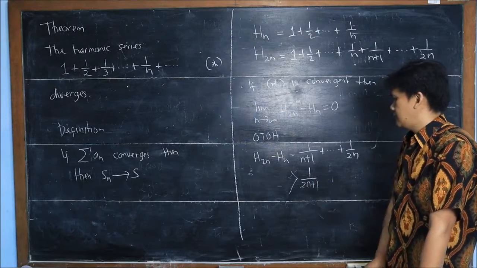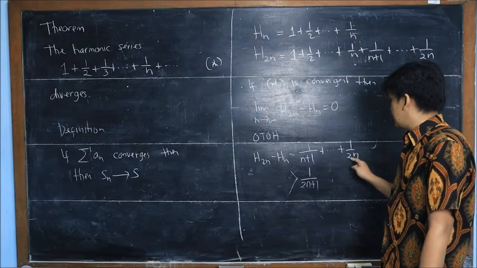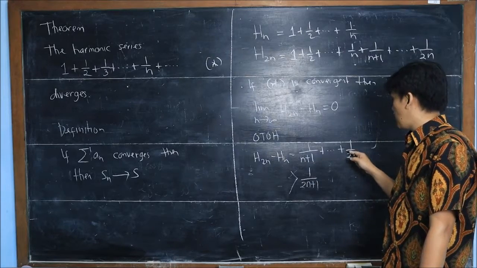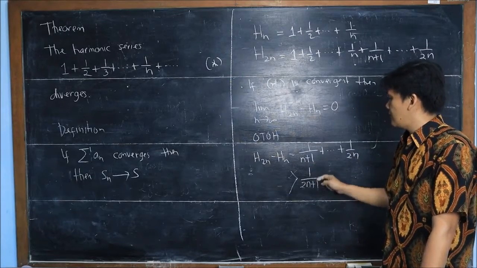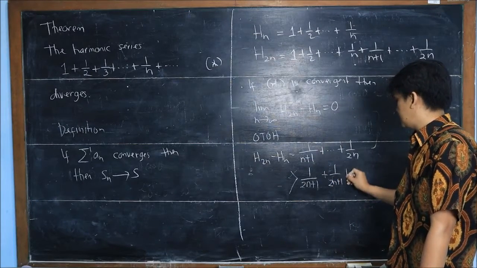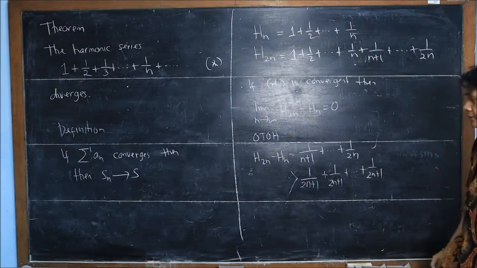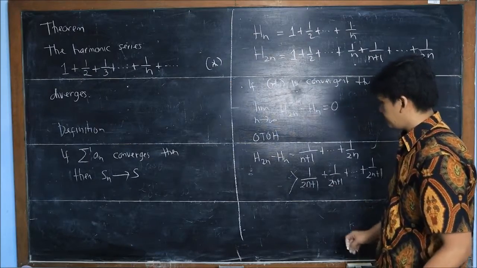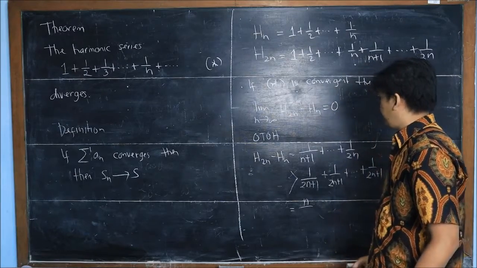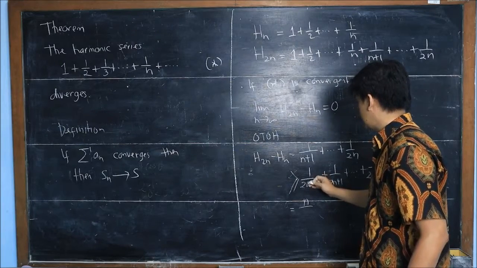Indeed, 2n plus 1 is bigger than 2n, so 1 over 2n plus 1 is smaller than this one, and definitely this one is smaller than this. So each term is at least 1 over 2n plus 1, or if you want less than or equal, you can just write this as 2n, and there are n of them.